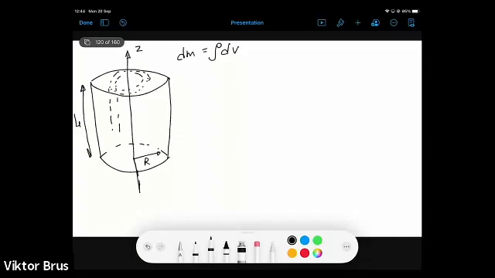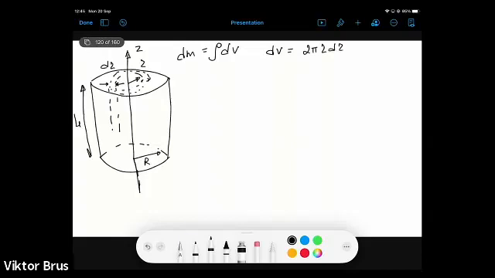Here it will be radius r, and the thickness of this internal cylinder, which we consider, will be dr. In this case, this dV, some elementary volume of this cylinder, would be considered as the area between these two circles, so it will be 2 pi r, the length of the circle, times dr.